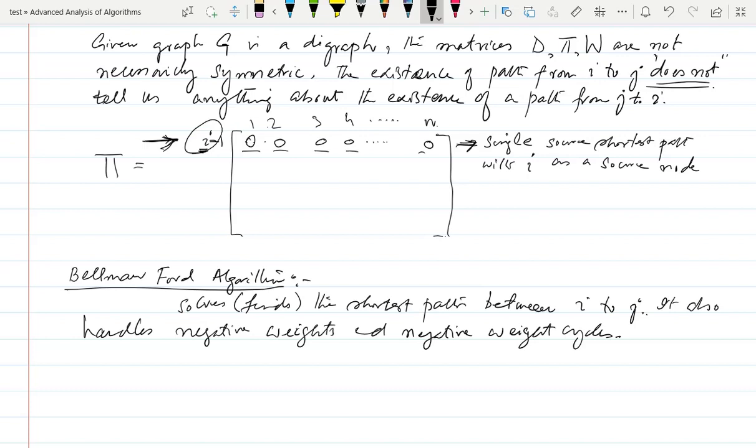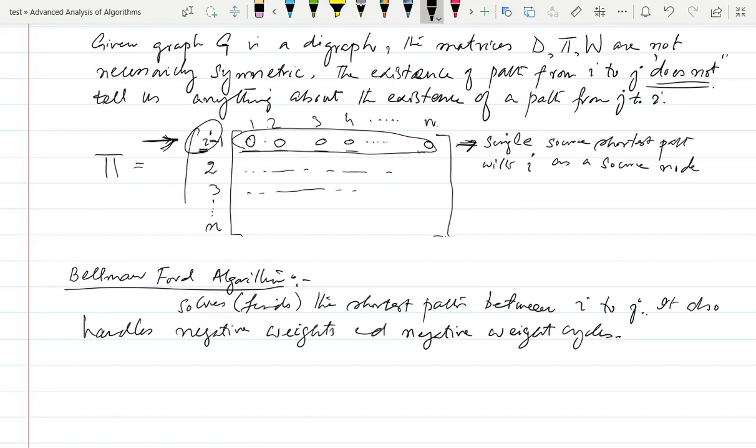Or we can say that there is a negative weight cycle in this row and I cannot find the shortest path in this particular row, and this will be reported by Bellman-Ford because Bellman-Ford reports the negative weight cycle. So similarly, I will perform the very same thing for this row, then this row, and so on up till n. So you can see that I have applied Bellman-Ford n times.